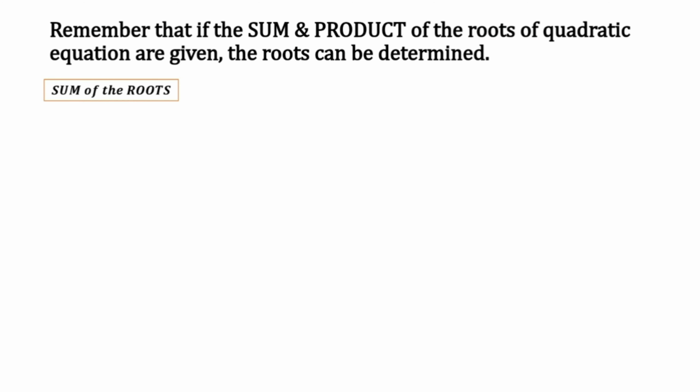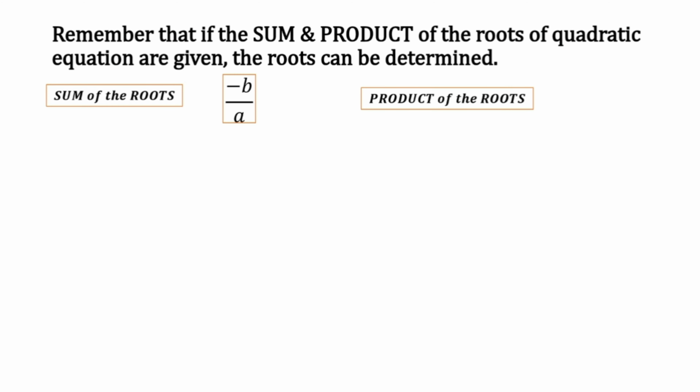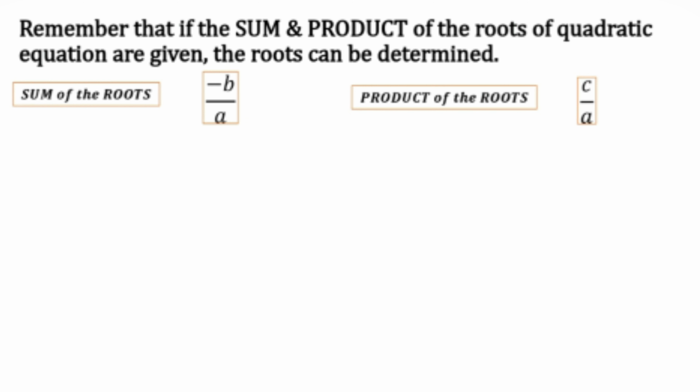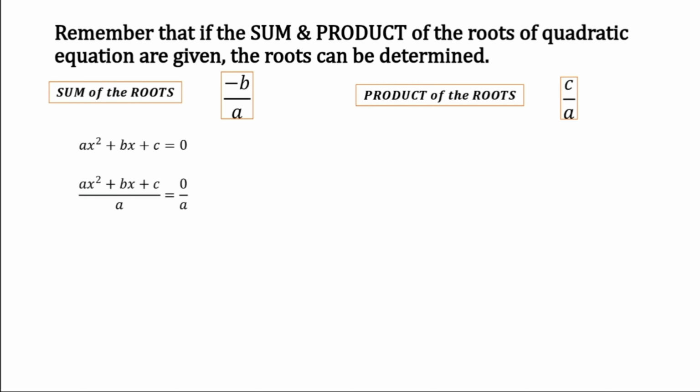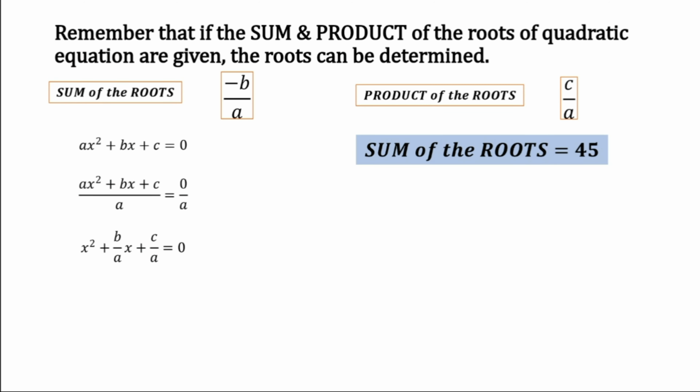The sum of the roots has the expression negative b over a, while the product of the roots has the expression c over a. In our standard form of a quadratic equation, ax squared plus bx plus c equals 0, if we divide this by a, it leads us to x squared plus b over a x plus c over a equals 0.